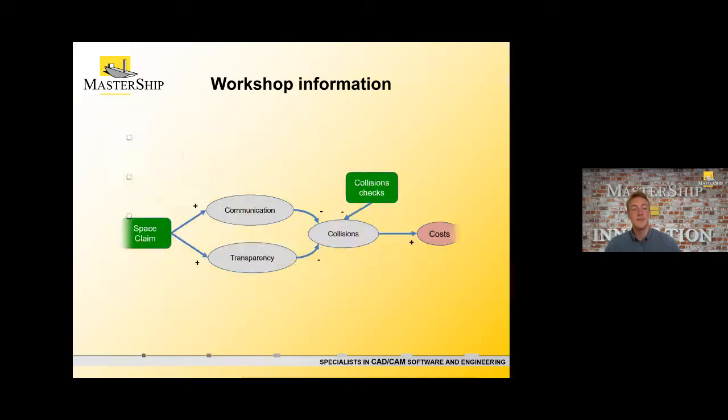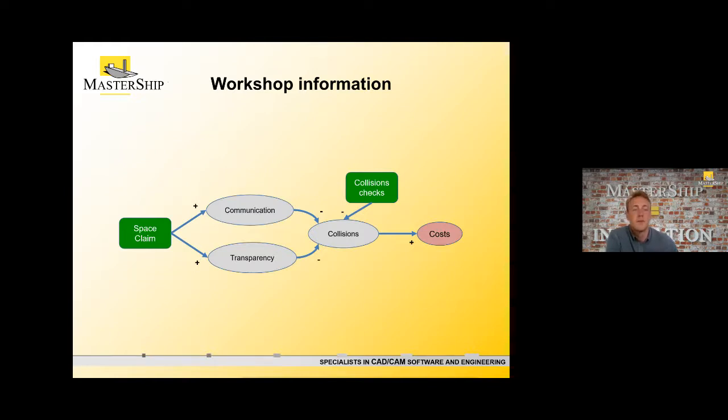And then finally, there is even a third benefit of the Workshop Assistant, and that is that it improves the communication in the early or maybe some progressed design stages. So this was the system diagram that we first used for the space claim and the collision checks. And then we said, well, the communication and transparency between different parties is very important to prevent collisions.